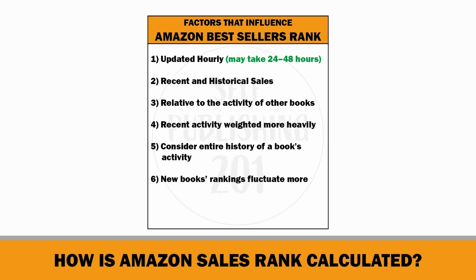Amazon considers the entire history of a book's activity while calculating bestsellers rank. All BSRs fluctuate, but it is normal for new books to have more ranking fluctuations than those that have been available on Amazon for a long time. Now, let's look at some examples to understand better.